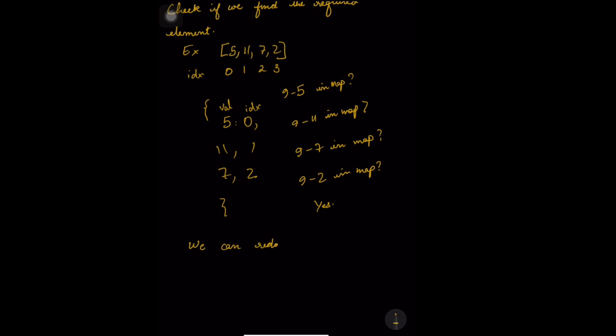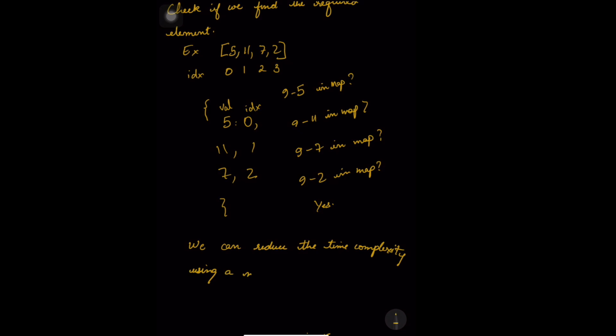Now, if you've noticed, we've only traversed the array one time. We haven't visited the array multiple times. Now, it's clear how we've reduced the time complexity from O of n squared to O of n, because we're only traversing the array once.